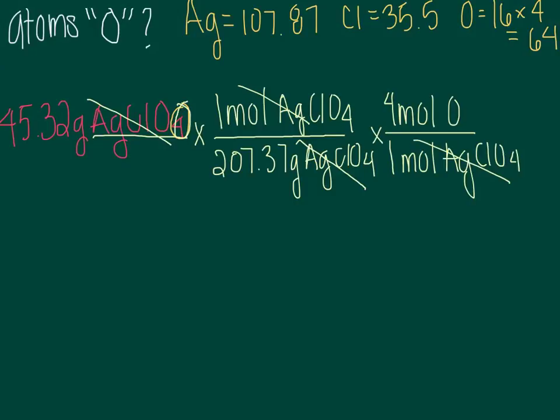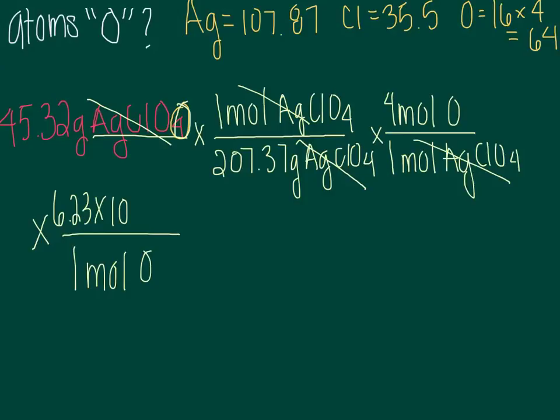So I'm going to continue my equation over here because I've run out of room. So you would then multiply by 1 mole of oxygen with the 6.23 times 10 to the 23rd atoms of oxygen, and you use this ratio because it is a constant when you are trying to convert moles to atoms.